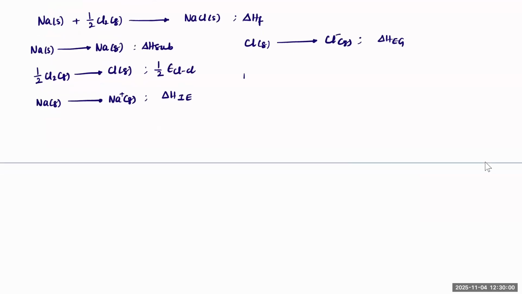Now you have Na plus gas plus Cl minus gas, both becoming 1 mole of NaCl. The energy released in this case is what we call lattice energy. Therefore, delta H of formation of NaCl.